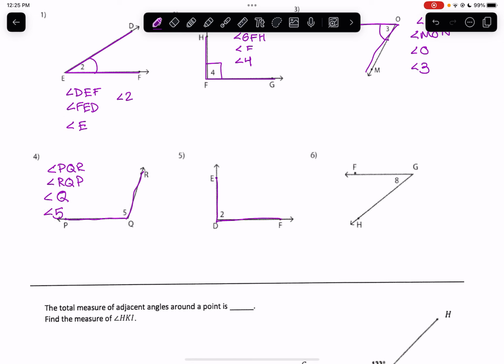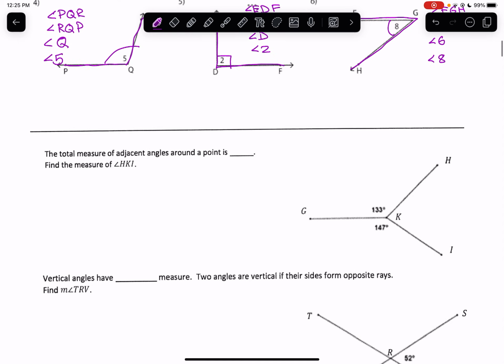Again, trace the path, EDF, opposite, FDE, angle D, angle 2, FGH, HGF, angle G, or angle A. All valid ways to name these angles.